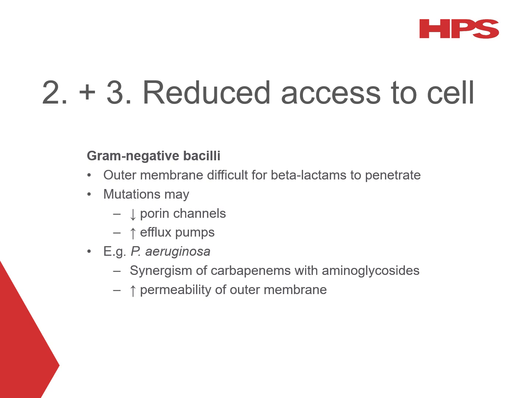And an example of this occurs with Pseudomonas aeruginosa. So while many strains are susceptible to imipenem and meropenem, resistance can emerge during therapy, and this is usually due to reduced production of those porin channels or increased production of those efflux pumps.